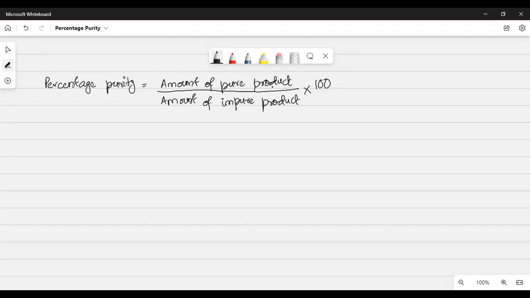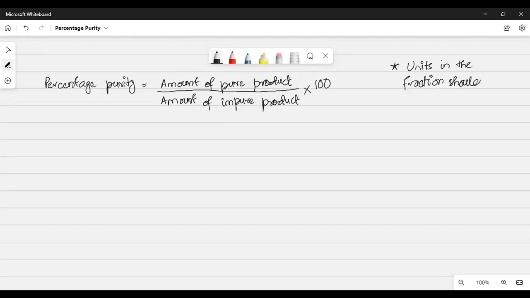Second, it also allows you to understand one important point: when we are taking the amount of pure and impure product, it's better that you put up a rule. The units in the fraction, I mean, the fraction given over here, pure and impure product, should be same.